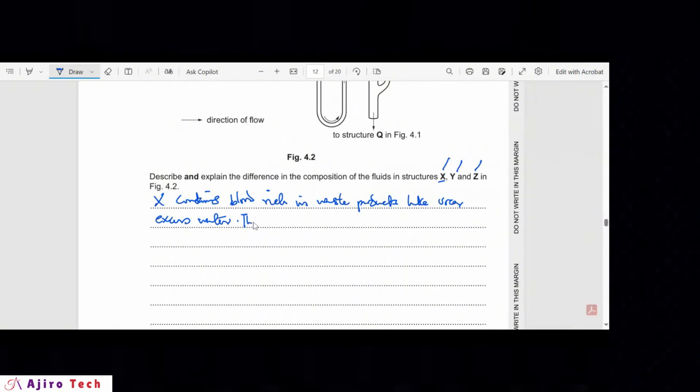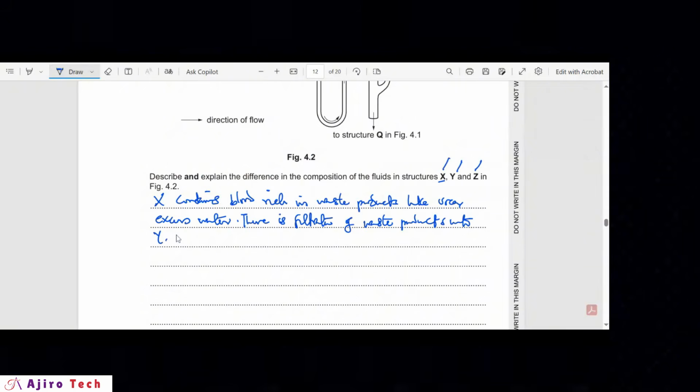There is filtration of waste product into Y, which is the Bowman's capsule.